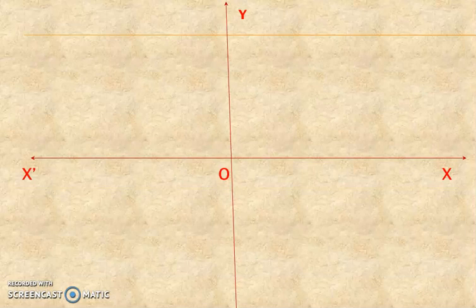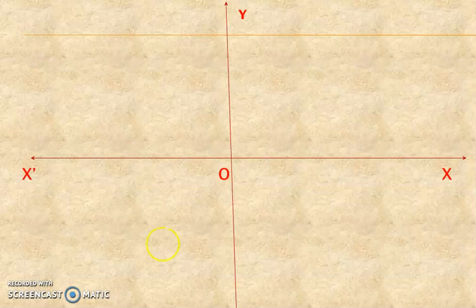Dear students, when we are just reading about one axis, it is x-axis, AXIS. And when we are saying x and y axis together, that is the plural form, it is AXES. Right?